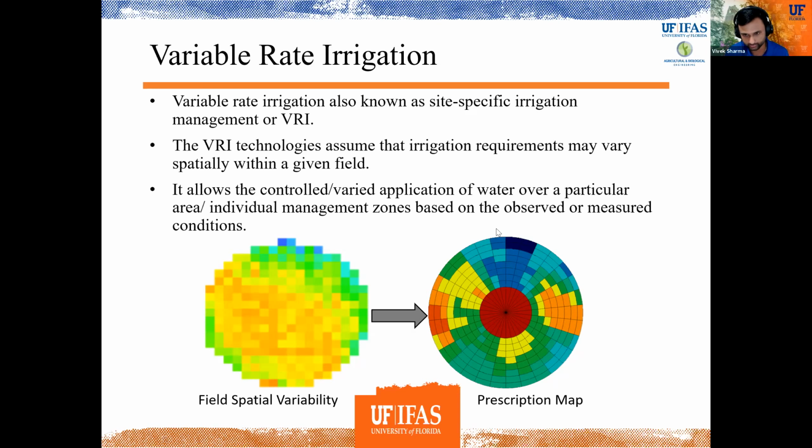For example, let's assume that blue color is showing you the 100% irrigation, so we apply 100% of irrigation, and the yellow and orange color is showing you the reduction in the irrigation. So let's say 30% reduction in the irrigation depth that we apply. So this is how the basic framework of a variable rate irrigation system looks like.